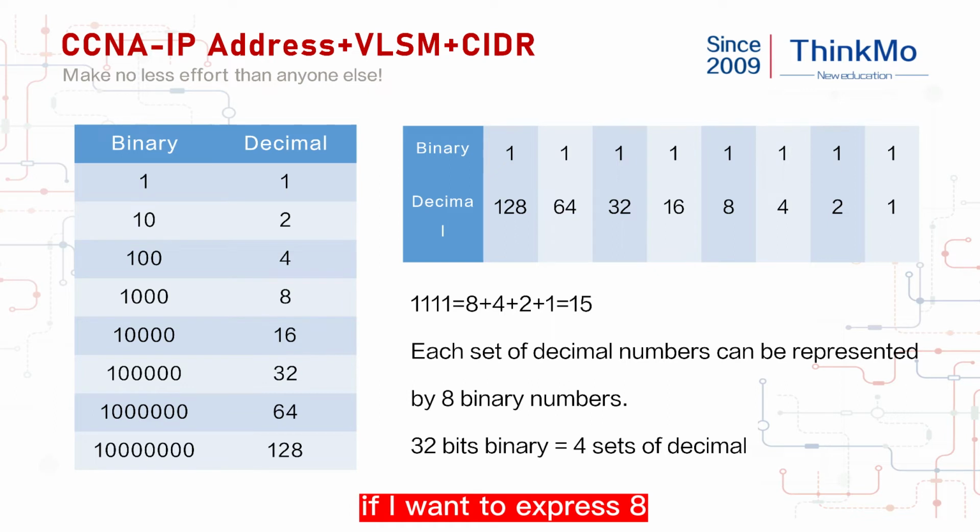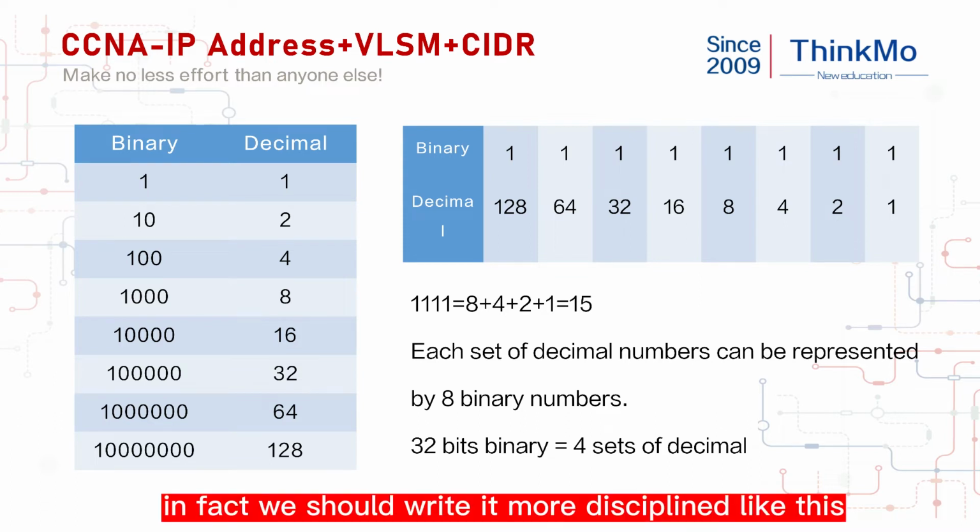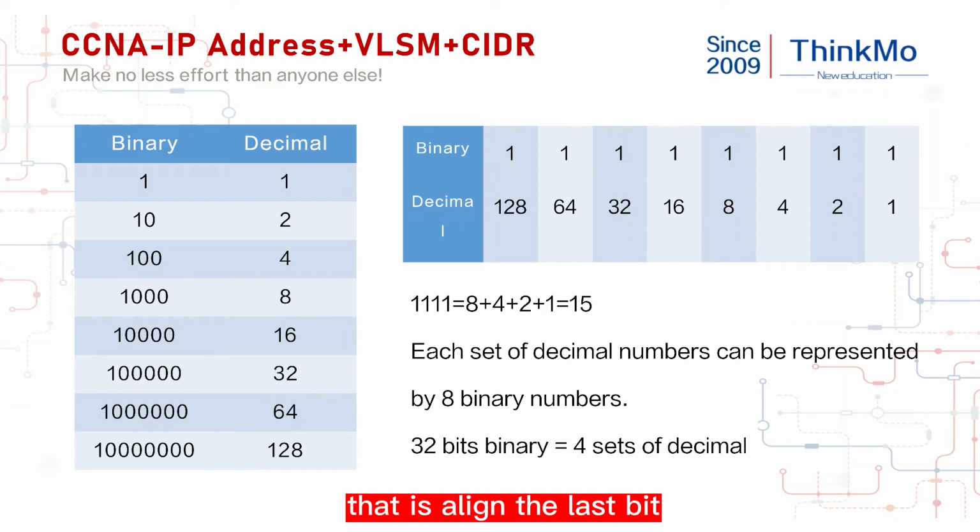If I want to express 8, I have to move forward 1 bit. It's 1000. When we finish writing these, we should write them in a more disciplined way like this, that is, aligning the last bit. It will look more beautiful.